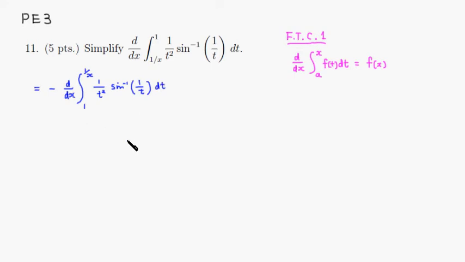All right, so let's apply the fundamental theorem of calculus. When you take the derivative, all you really have to do is plug in where t is. So plug in t equals 1 over x. Then since it's a derivative, we have to multiply by the derivative of 1 over x, so that's basically the chain rule.